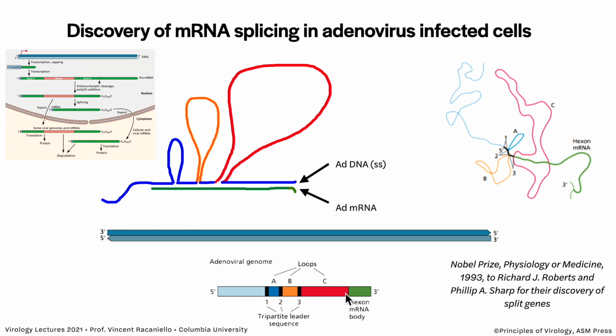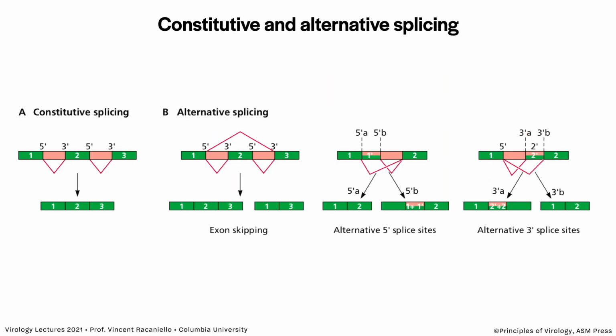These are the introns that are removed by splicing. So this has since been found in many, many cellular and viral genes, of course, and very well studied. We now know that you can get varieties of gene expression by splicing, because you can have constitutive and alternative splicing.